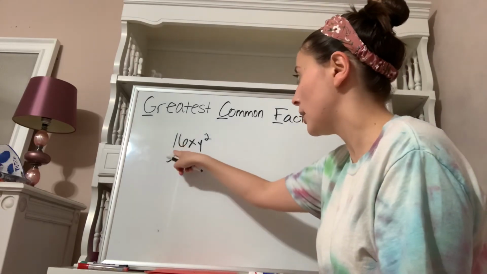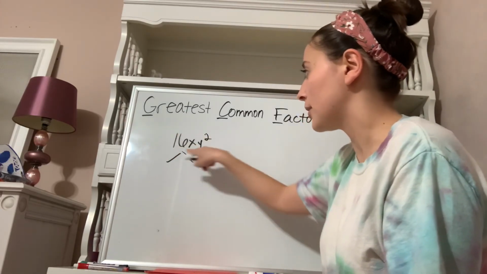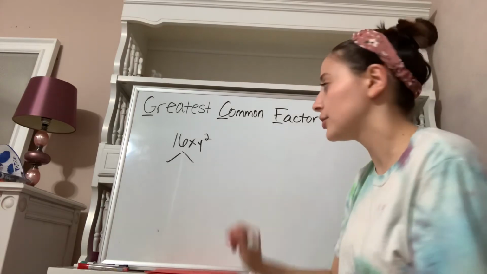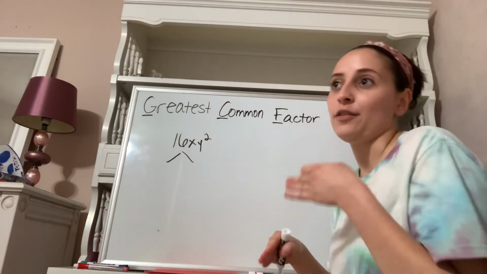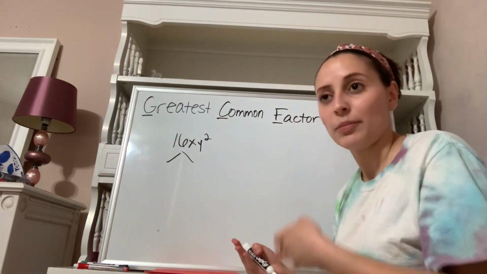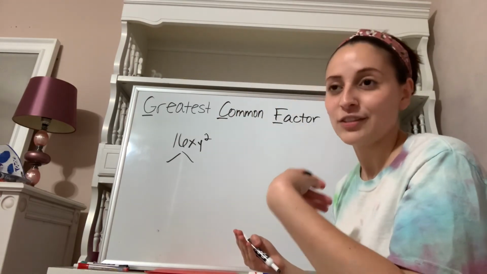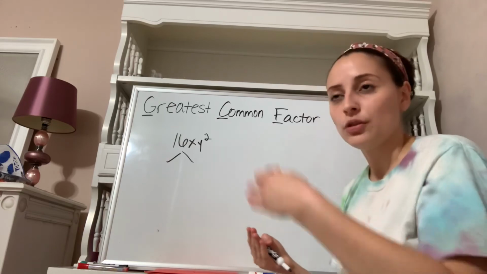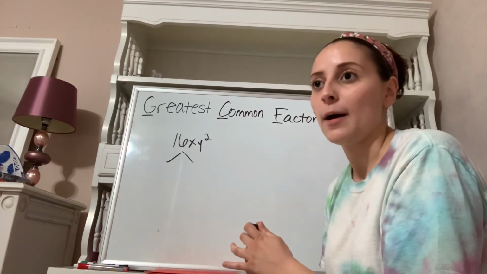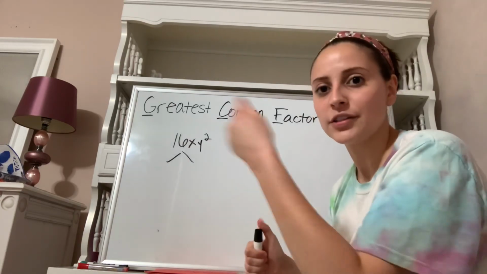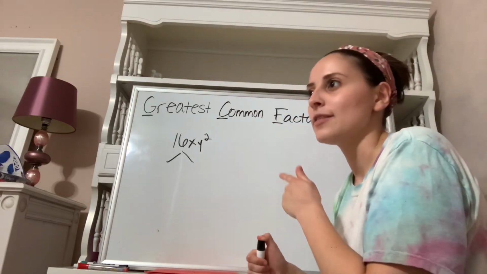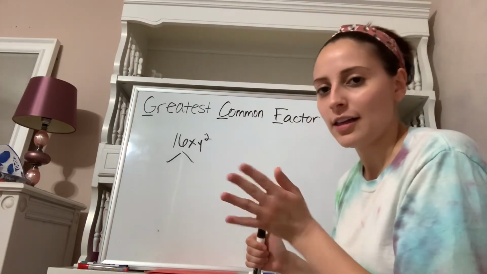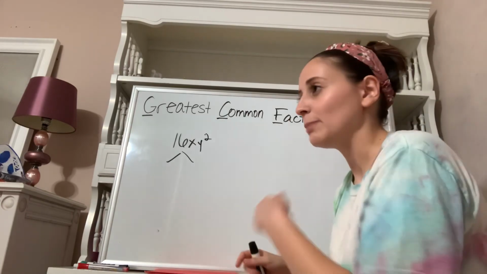So always, when you have a number that you're trying to find the prime factorization of, you can try dividing it by 2. And if it doesn't divide by 2, you could try dividing it by 3. If it doesn't divide by 3, go up to 5. So you can increase through the prime factors: 2, 3, 5, 7, 11, and so on.